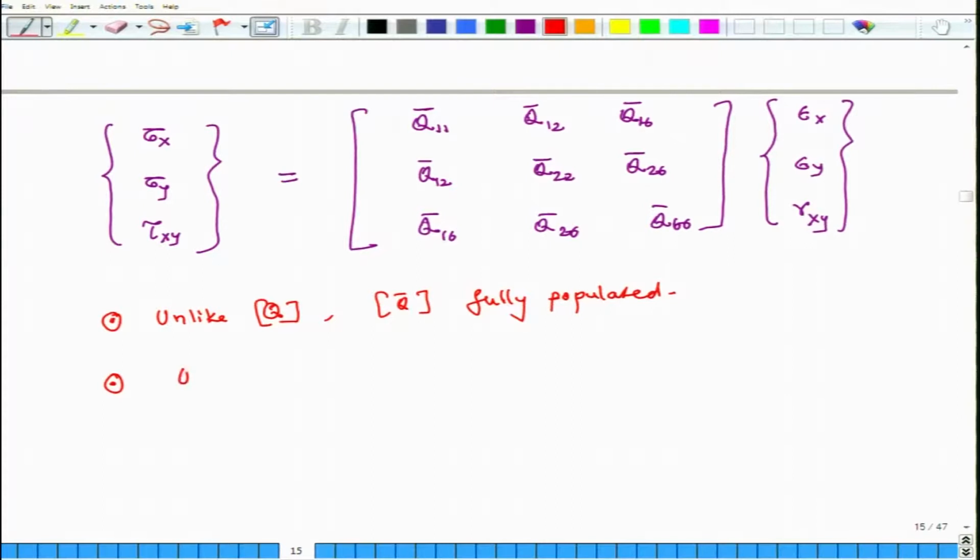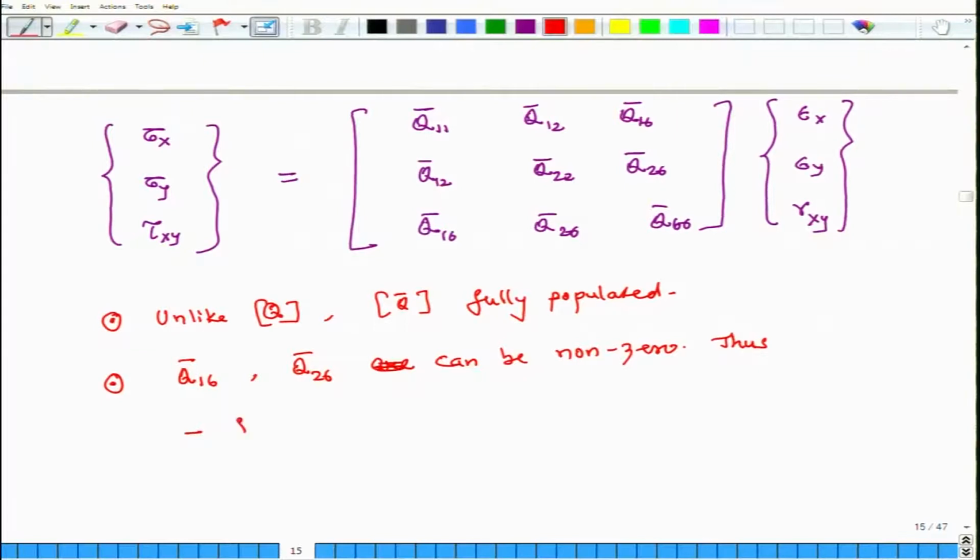Q16 and Q26 are, I will not say always, but can be non-zero, and because they are non-zero, we can make two observations.